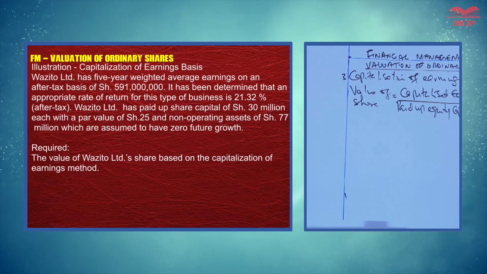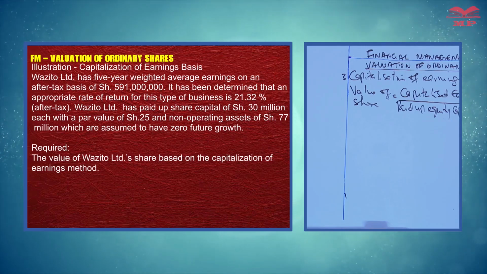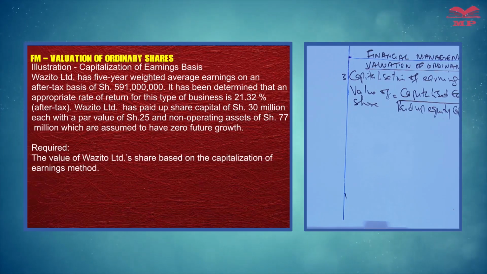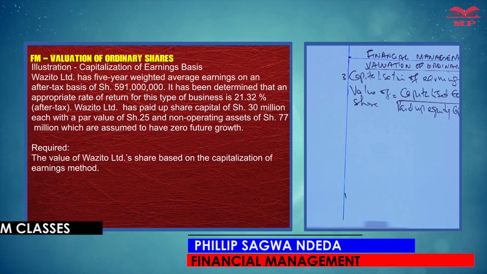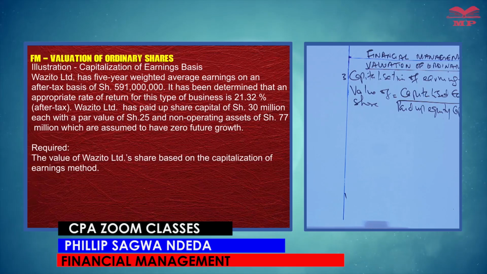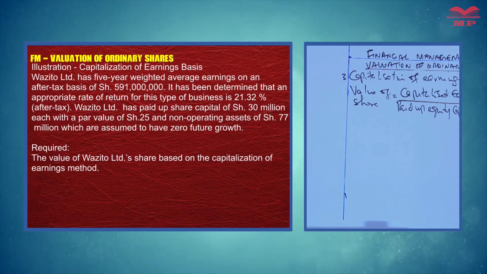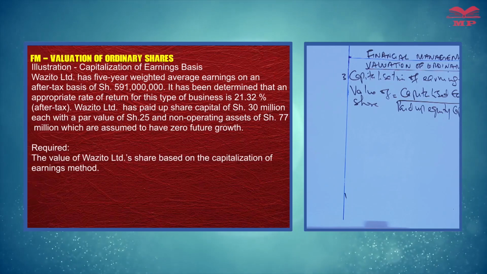Wazito Limited has paid up share capital of 30 million shares, each with a par value of 25 shillings, and non-operating assets of 77 million, which are assumed to have zero future growth.